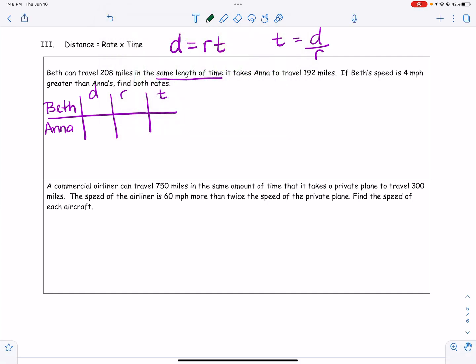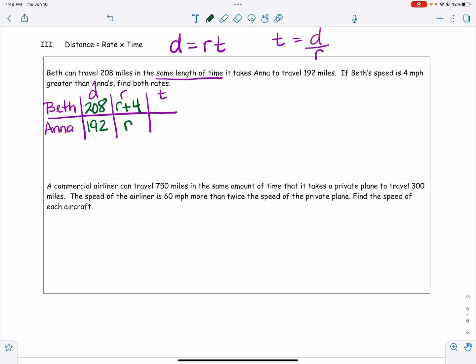It says Beth travels 208 miles, Anna travels 192 miles, and it says Beth's speed is 4 miles greater than Anna. So usually the one that is mentioned second, that's how I'm going to define my single variable. So Anna is going at R miles per hour, and Beth is going 4 miles faster.